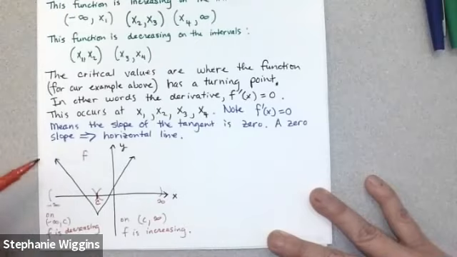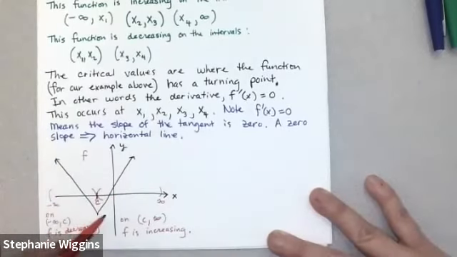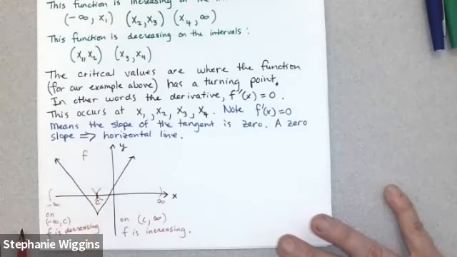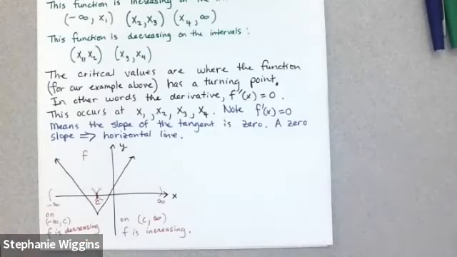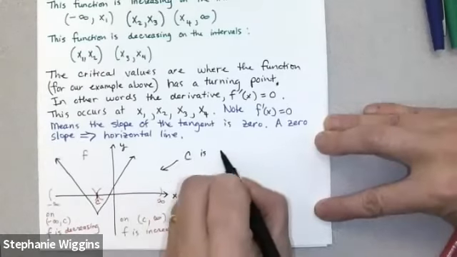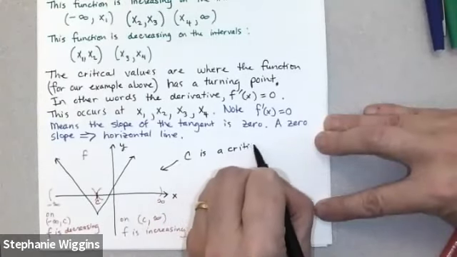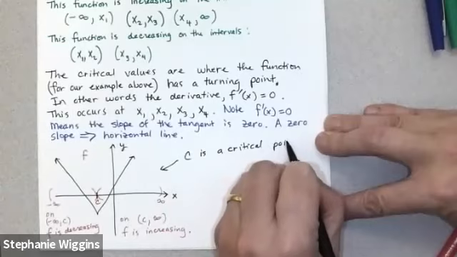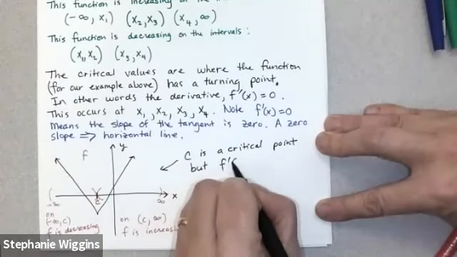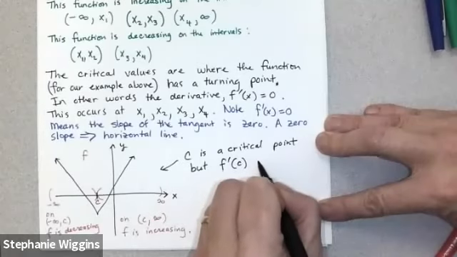I hope you can see that. As we go from left to right, we're going down, down, down, and then we're going up, up, up. So there's a change that occurs there. So c is a critical point, but the derivative at c is not 0.